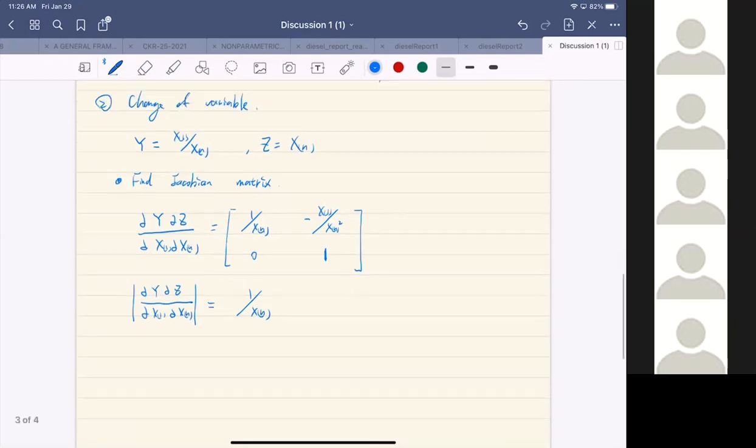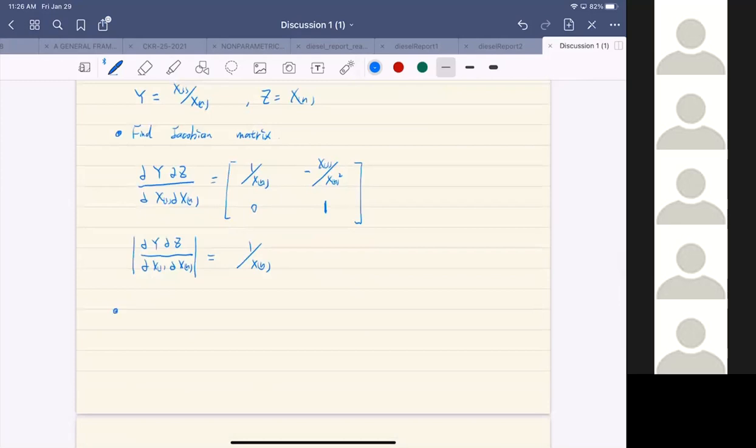Then we can use the formula of change of variable, which is the function f of y and z equal to f of s1, sn multiplied by the inverse of the Jacobian determinant.